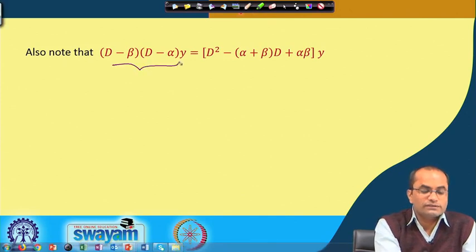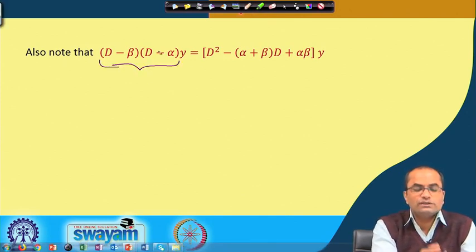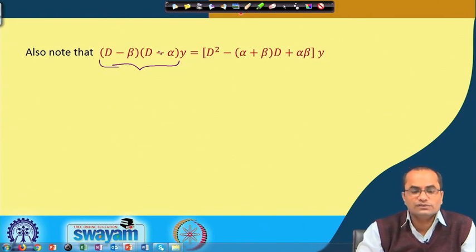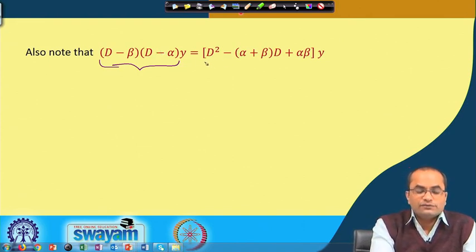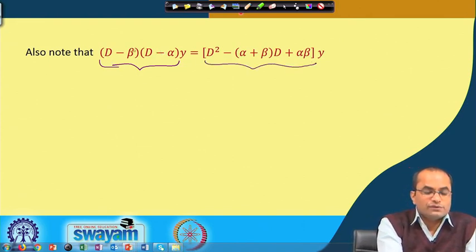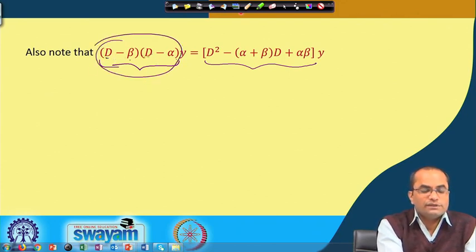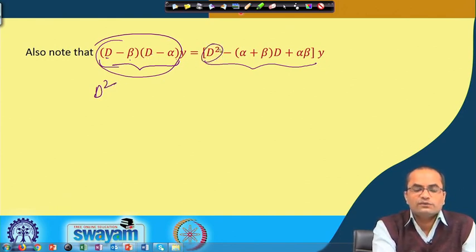That this product is working like a product of numbers, though these D operators are not numbers; here they are being treated as numbers. If we make this product of D minus beta, D minus alpha, what will happen? Here we will have D D. So that will be D squared. Though this D squared is not the product of D and D, it is a second order derivative, and these are the first order derivatives.